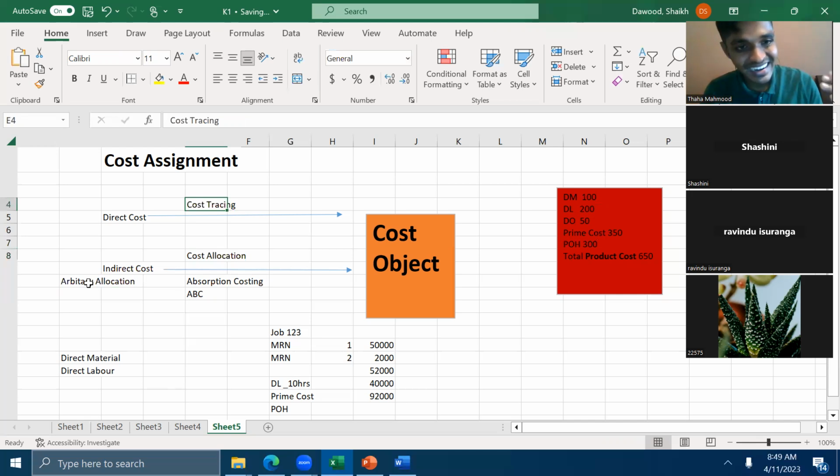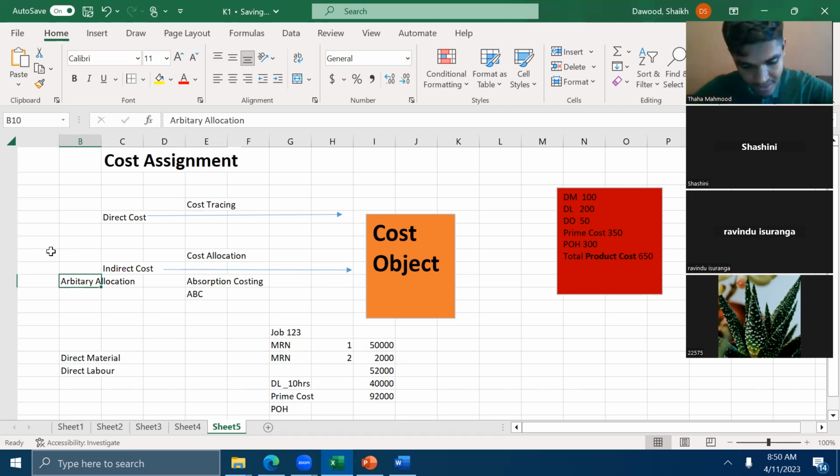If you can't directly trace, you allocate those costs. So indirect costs are allocated to the cost object, direct costs are traced into the cost object. Absorption costing and activity based costing are the two methods we have to allocate production overhead costs, of which absorption costing uses an arbitrary allocation method.